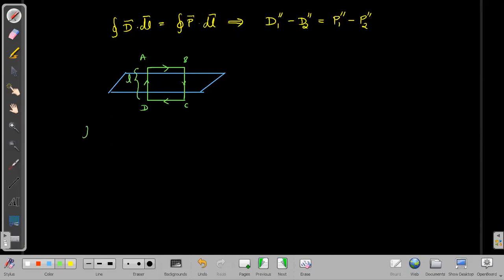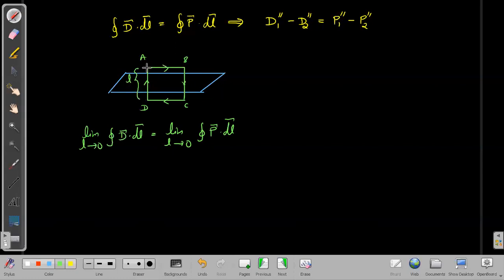Now what I have to do is integrate this closed integral D dot dl in the limit L tends to 0. When the limit L tends to 0, the integration over the line BC and over the line DA can be neglected, so that would tend to 0.